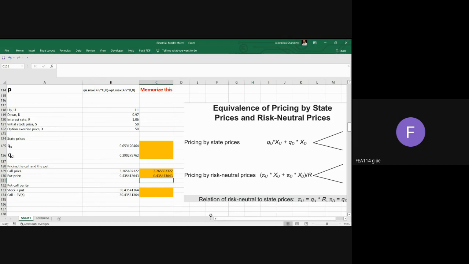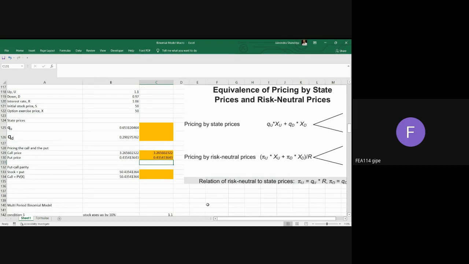So just remember, we will be pricing everything with the help of state prices, qU and qD, not pi U, because if you have been taught futures and options, many textbooks also solve for pi U and pi D, and then discount later by the interest rate, because ultimately the prices tomorrow should be discounted today at the prevailing rate of interest. So this serves our purpose.